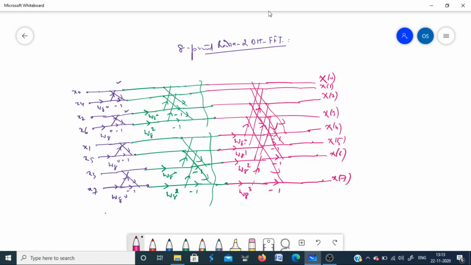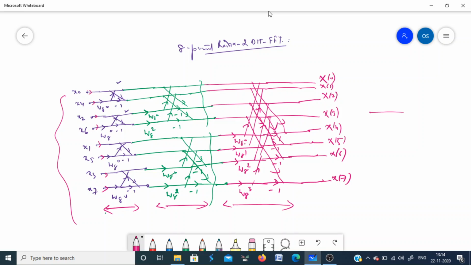You have to keep in mind that the input that you apply to this flowchart is not in sequence, it is in a different order. x0 you have to apply to this branch, x4 here, x2 here, and x6 here. Similarly 1, 5, 3 and 7, and then you go step by step. You first find the 2-point DFTs, then by combining the 2-point DFTs you find the 4-point DFT, then by combining the two 4-point DFTs you get an 8-point DFT.